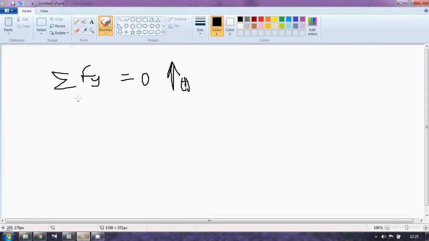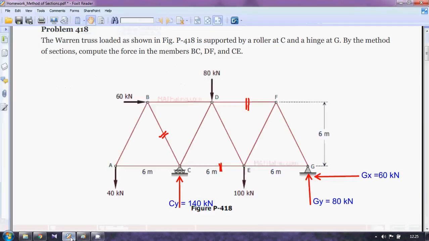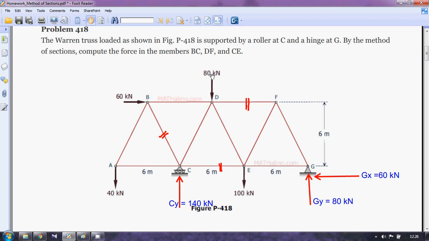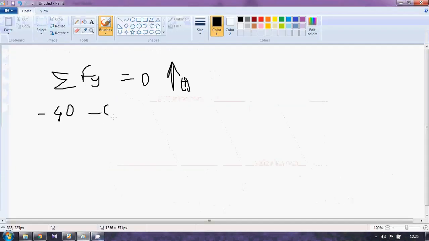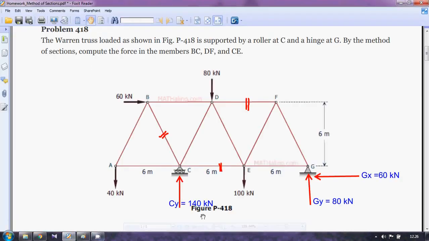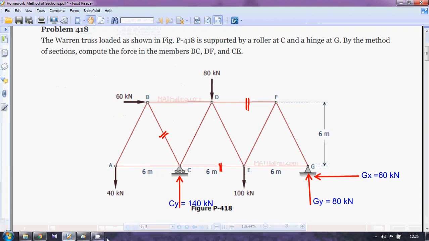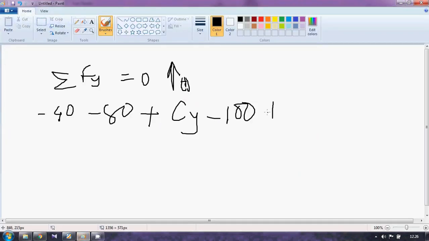Or if you want, you can show summation Fy equal to 0 by taking the vertical forces, for example minus 40, minus 80, Cy will be upward as I have taken, so plus Cy, and minus 100 and plus 80 equals to 0.